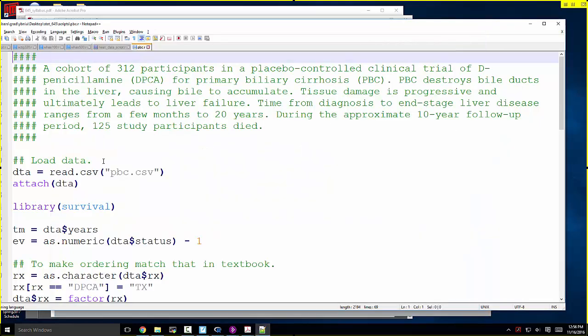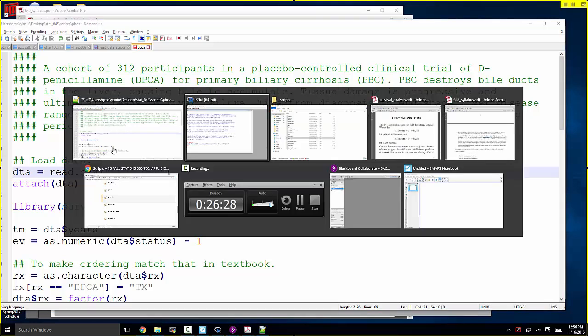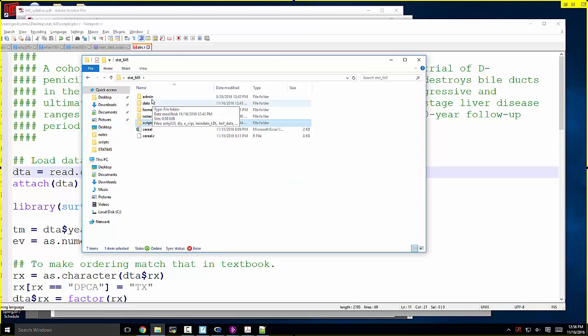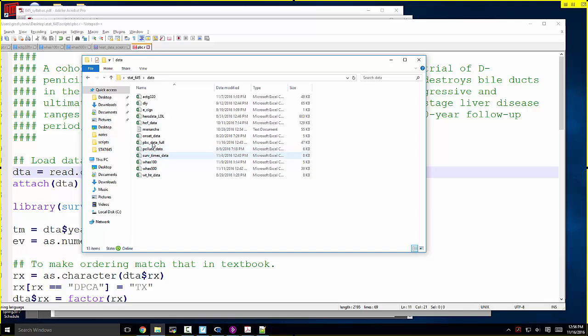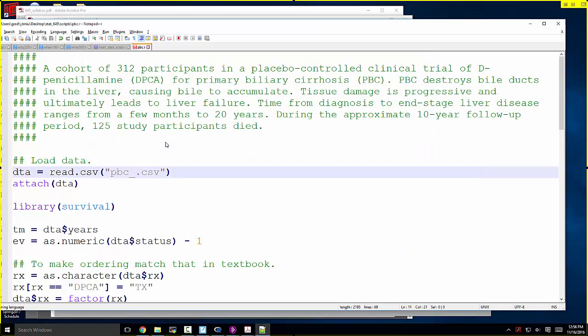I want to make, instead of pbc.csv, I think the file is named pbc_data_full. Yeah, pbc underscore data underscore full. So I'm going to fix this.